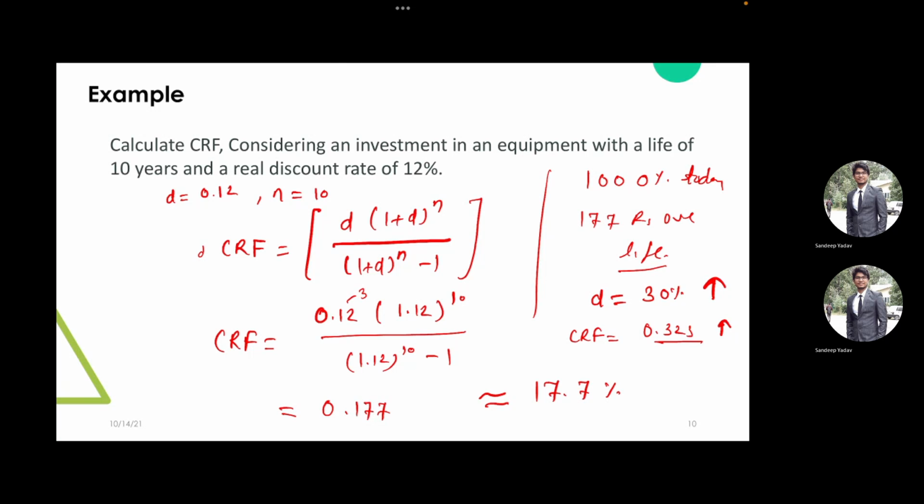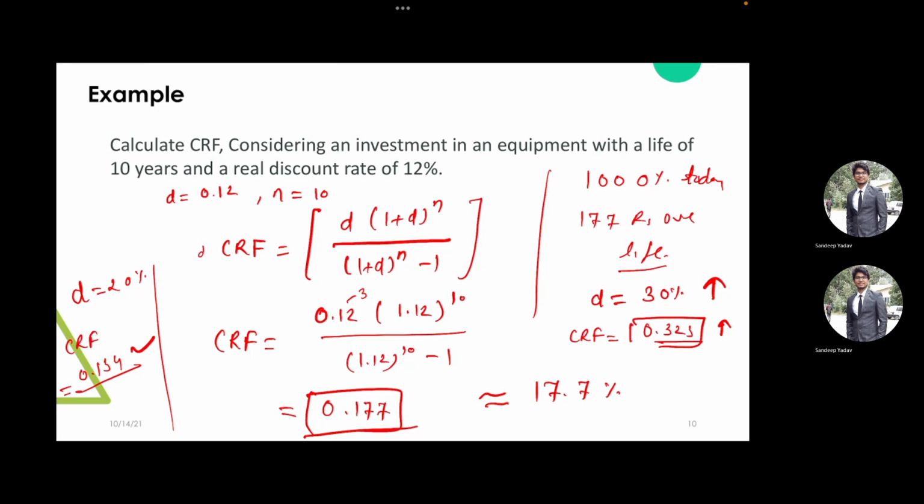Suppose the discount rate is 20%, then if you calculate from the similar formula, CRF will be 0.134. Our investment at 12% was 177 rupees, at 30% it was 323, and here we are only paying 134 rupees.